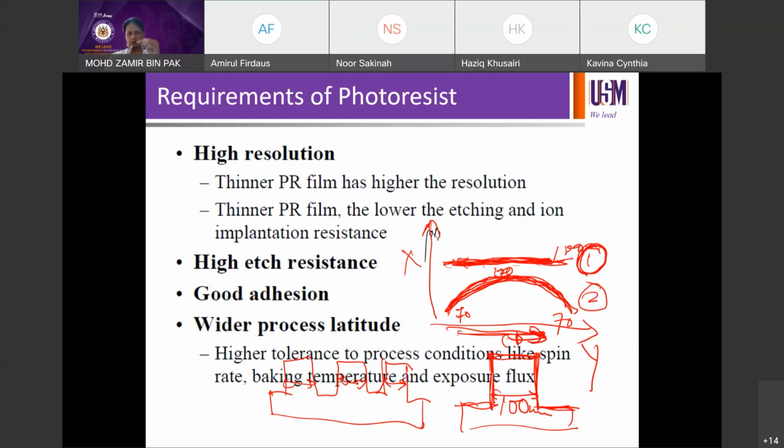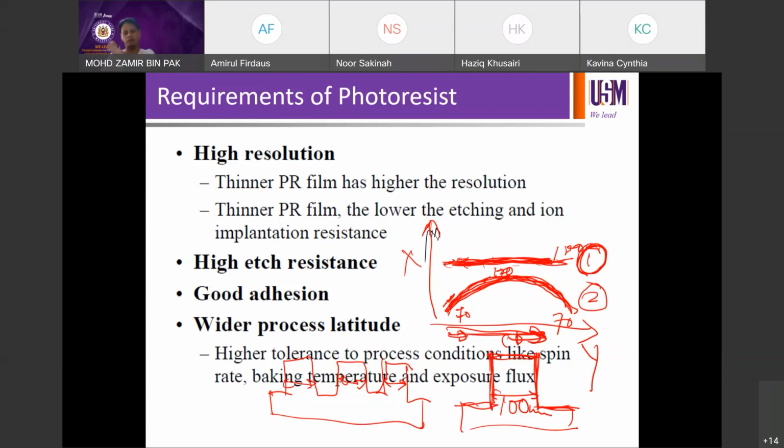Kalau you increase y daripada kiri ke kanan sikit, you can already see the change in CD, for example. Maknanya, upon a small fluctuation of the system, the CD already changed. Maksudnya, you punya process window is not wide, it's very narrow. Maknanya, you kena control you punya parameter tu very strictly so that your CD doesn't drift. Okay. Kadang-kadang fokus dalam scanner drift, CD will drift.